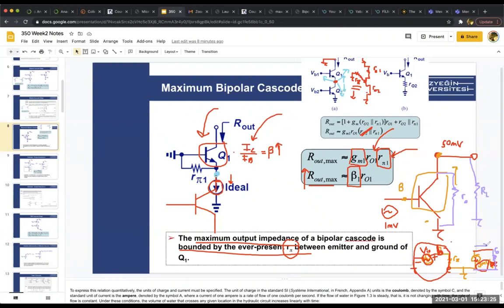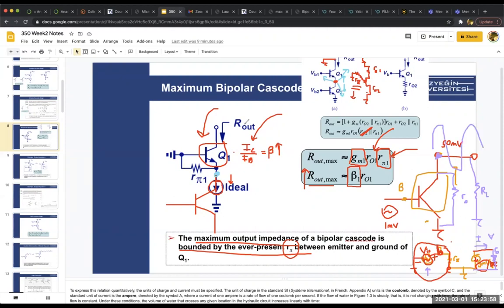Now we have this current, a portion of this input voltage, and we want this current to be multiplied with this resistance to get voltage. So do you want this resistance to be high or low? High, exactly. So that's what we are talking about, high impedance. We want this impedance to be high so that we can get a good voltage swing.